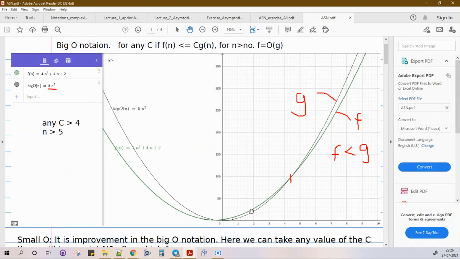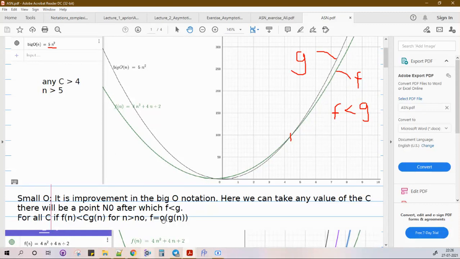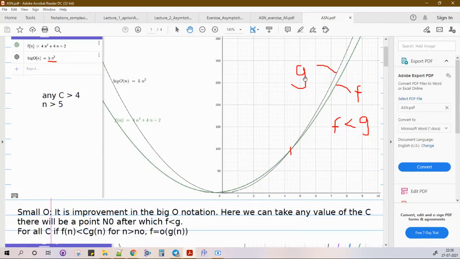Before this limit, your g is less than f, correct? But after the value of 5, n0 equal to 5, my g is greater than f. Then you can say f is order of g. So your g is an upper bound to f after one limit, because before the value of n0 I don't care much.